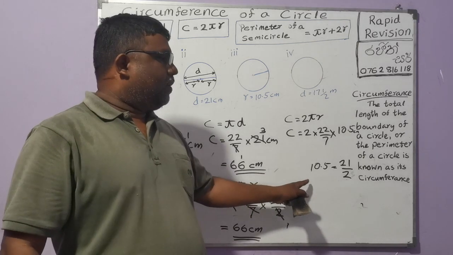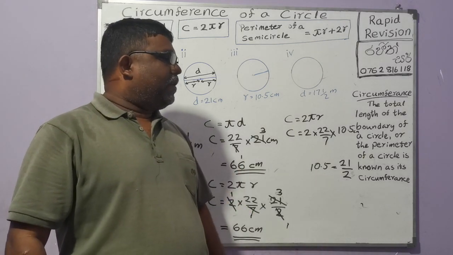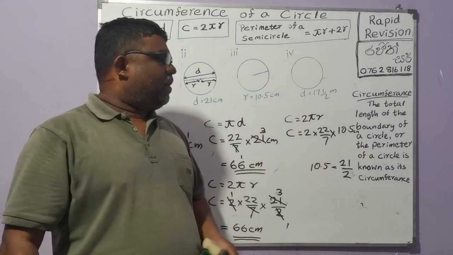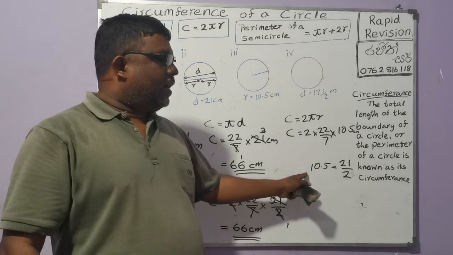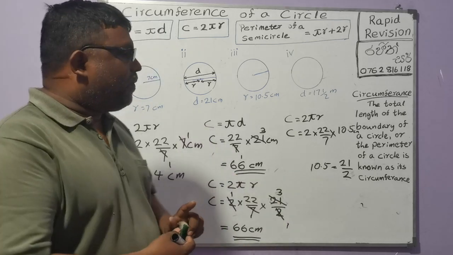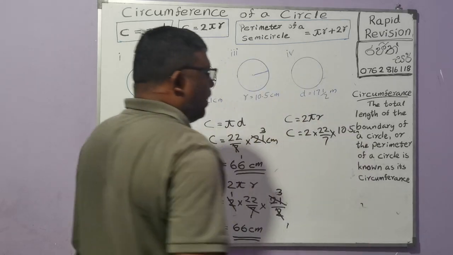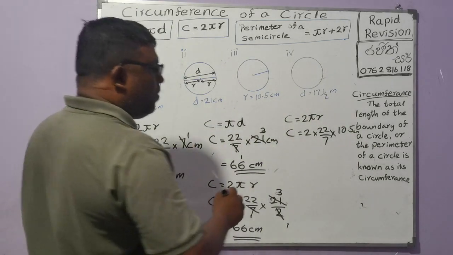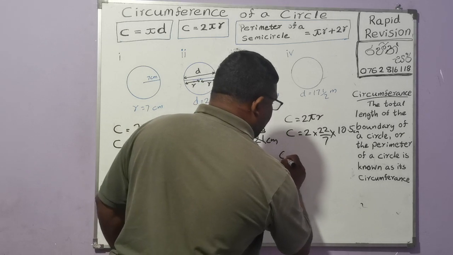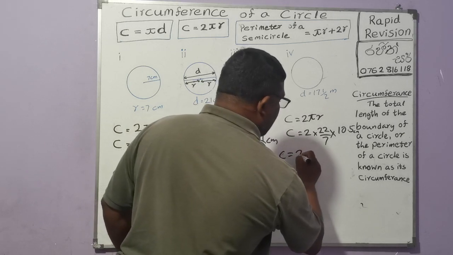Therefore, instead of 10.5, I like to use 21 over 2.